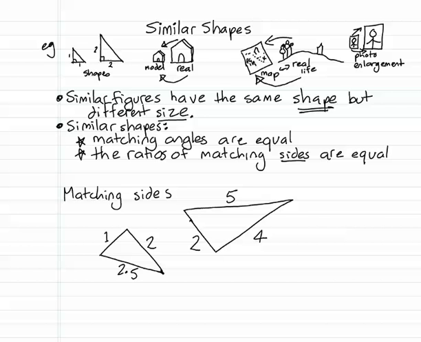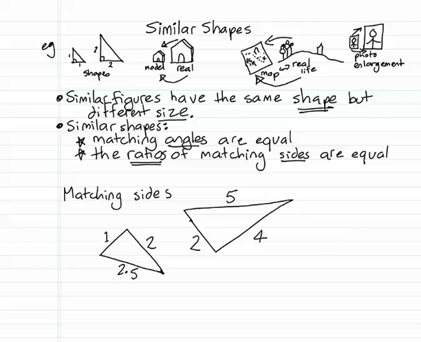And we'll talk about what that means. But if I want to check if two shapes are similar, I need to know that matching angles in each of the two shapes are equal, and not that matching sides are equal, but the ratios of matching sides are equal. Now let's talk about what we mean by matching sides.